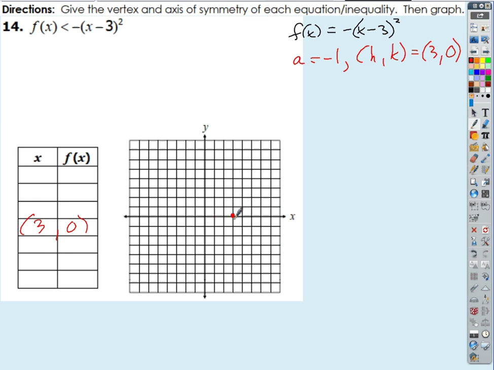Okay, and I mean, I could use the t-table, but it just takes longer to do. If I know that that's the vertex, so here's my line of symmetry. There's the line x equals 3. I know I've got symmetry about this thing, and what's a doing? A is multiplying the normal heights, right? So normally for my parabola, I go over 1 and what? Up 1, right?